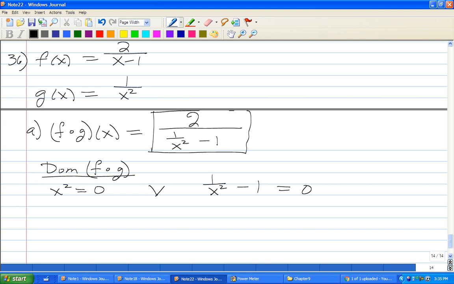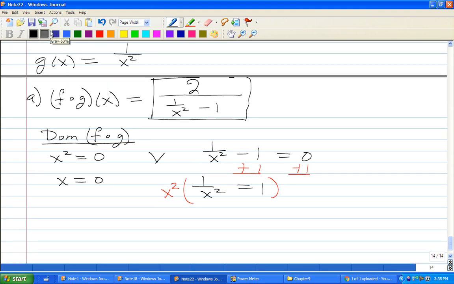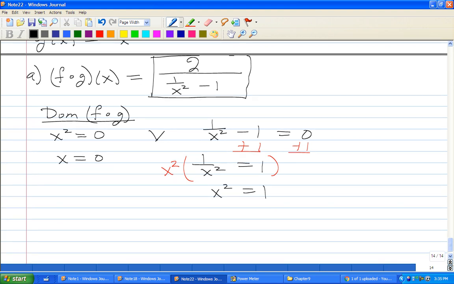Okay, so I have here x is 0. Let me add 1 to both sides of my equation. So 1 over x squared is 1. Multiply both sides of my equation by x squared. So I have that x squared is equal to 1. So, subtracting 1 from both sides, I have x squared minus 1 is 0.